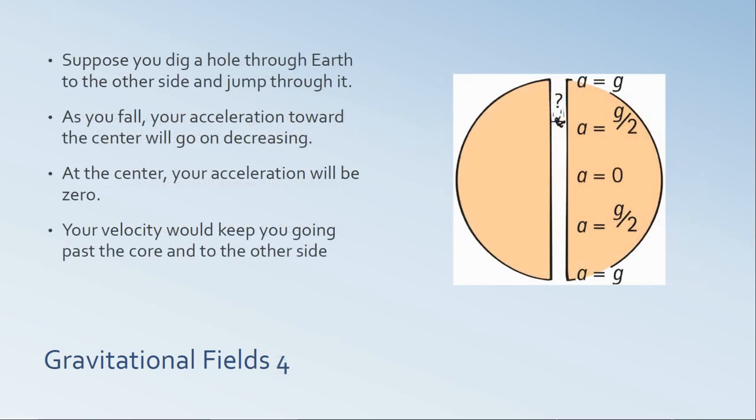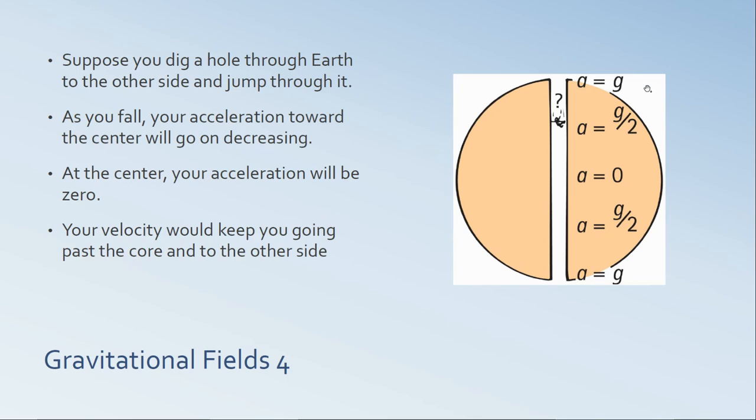So let's experiment with this, and let's say that we were able to dig a hole through the planet all the way through, and it's a frictionless hole. Okay, so what would happen if standing at that hole we jumped in? Well, as we fell, our acceleration would start to decrease, because the force of gravity would start being less.